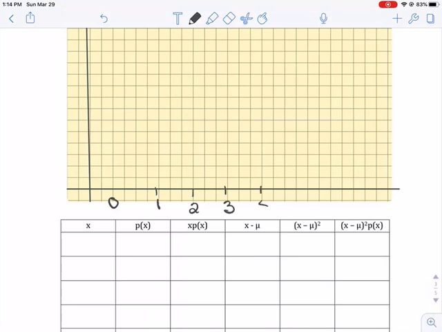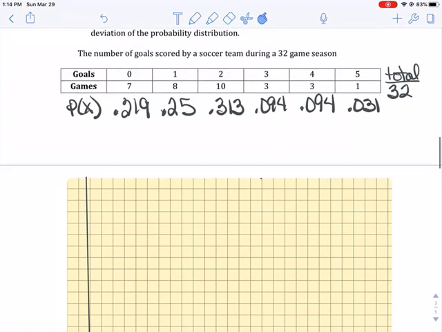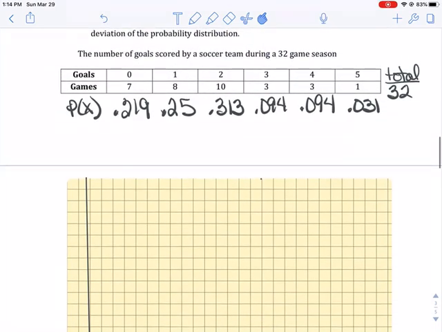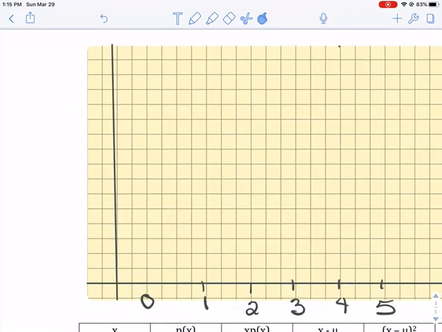Three, 4, and 5. And then our P of X goes from 0.03 through 0.3 on.